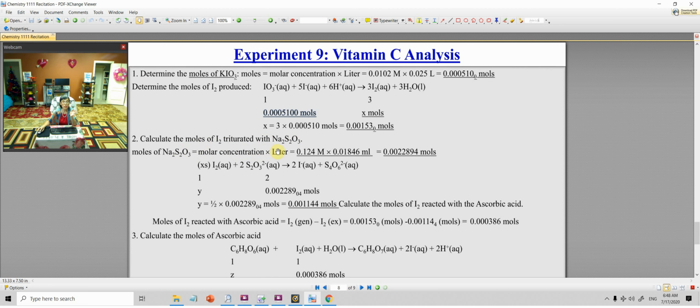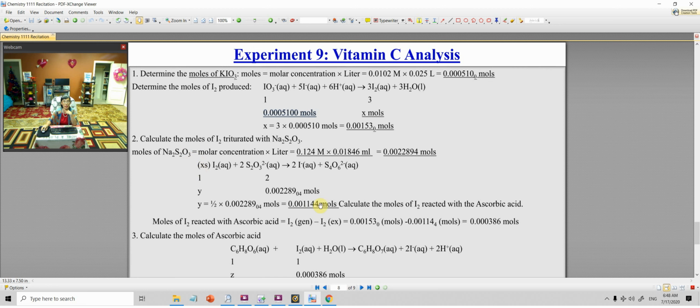Sodium thiosulfate is again a standard solution. You know the molar concentration, the amount in milliliters is the one you did the titration, and then you determine the moles of your I2 excess. For the I2 excess, this is a 1 to 2, therefore the moles of your Na2S2O3 will be 2 times your iodine.